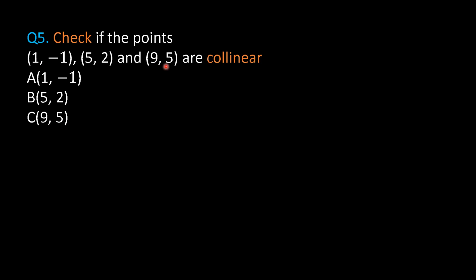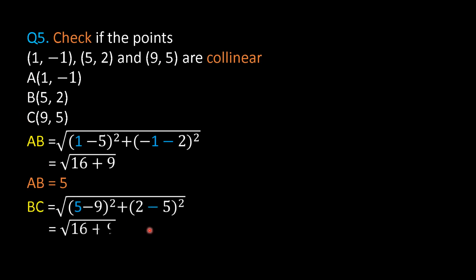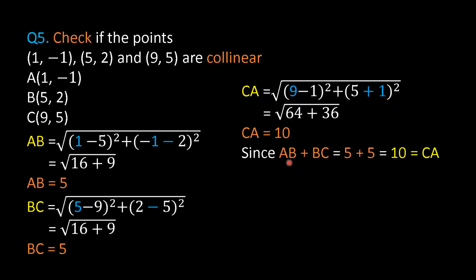We will find by using distance formula first AB, which works out to be 5, then BC, which works out to be 5 again, and finally we will find out CA, which works out to be 10. Since AB plus BC equals 5 plus 5 equals 10, which is CA, we conclude that A, B, C are collinear points.